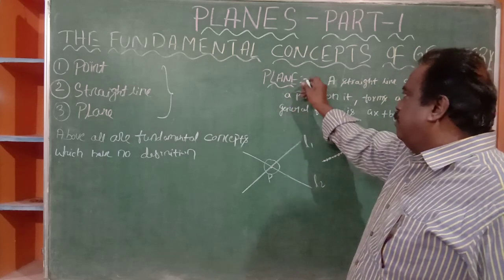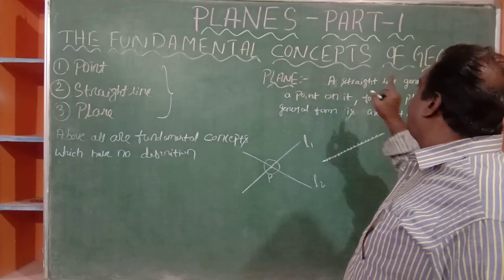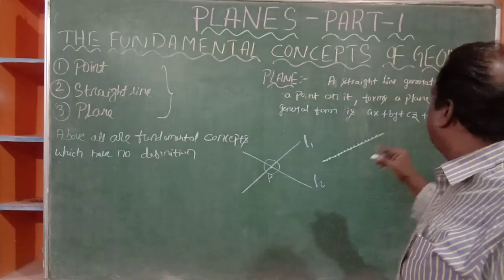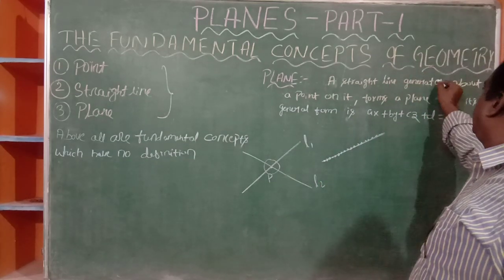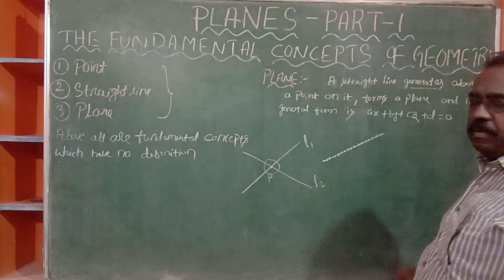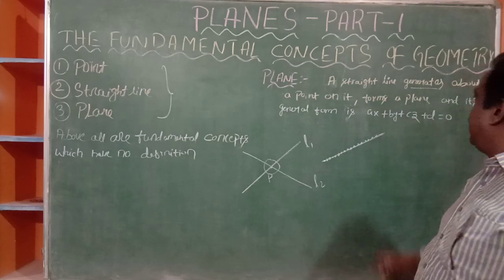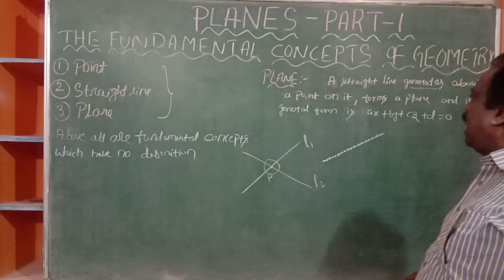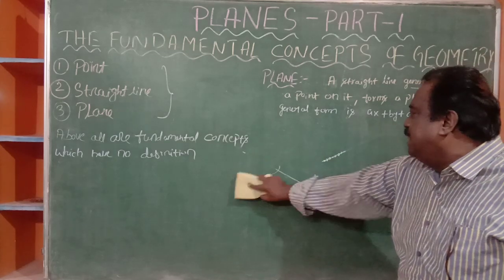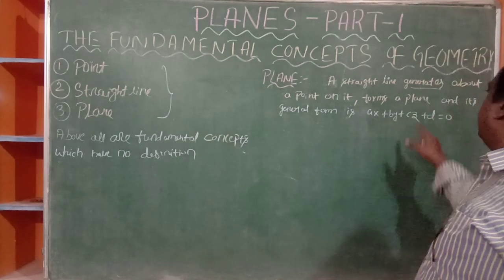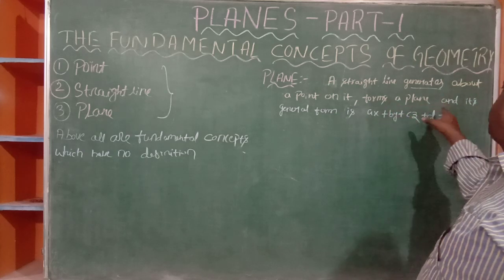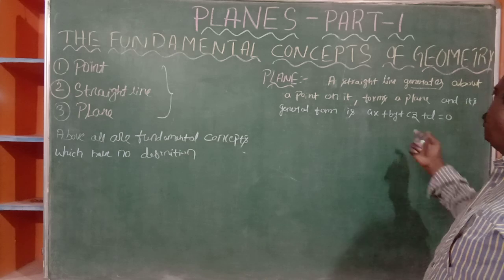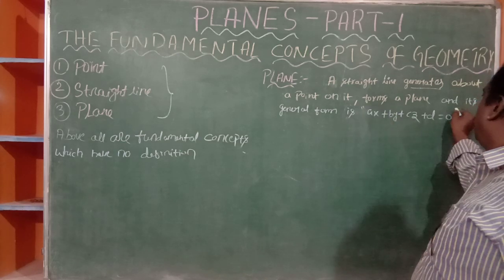The plane: a straight line generates, you see, it is a new term, generates, about a point on it. Then it forms a plane.